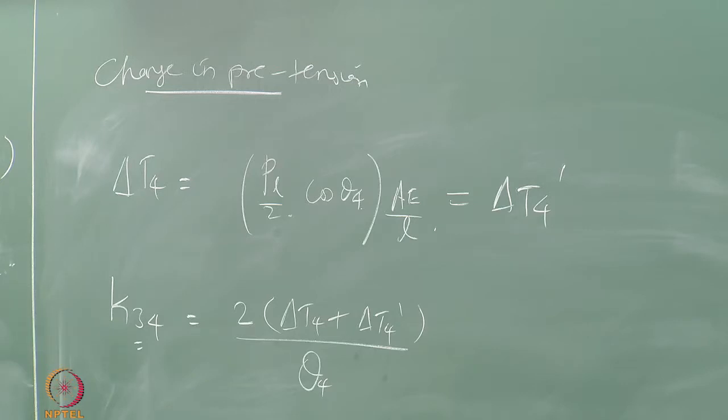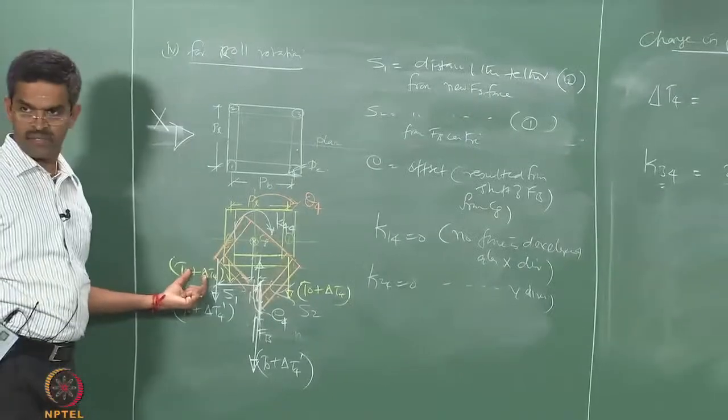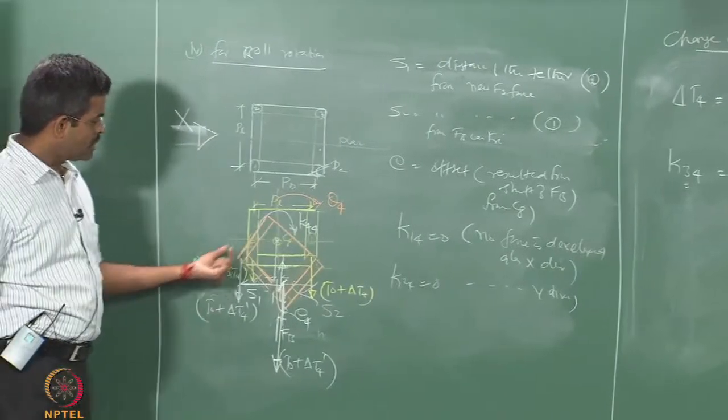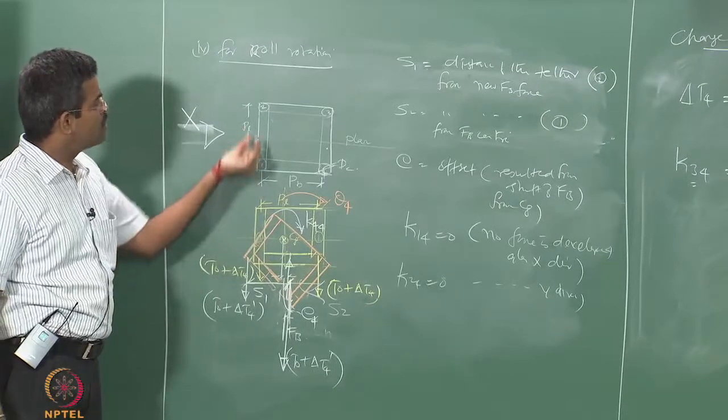Now let us understand how to compute K44. Now there are two components involved in this. One is the set of these two legs. What are these two legs? For example, 2 and 1, 2 and 3.